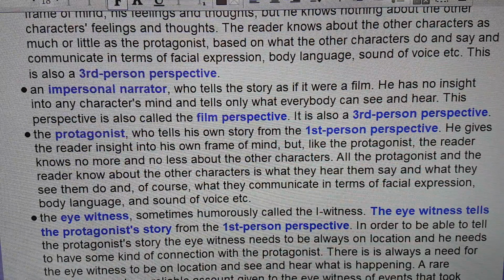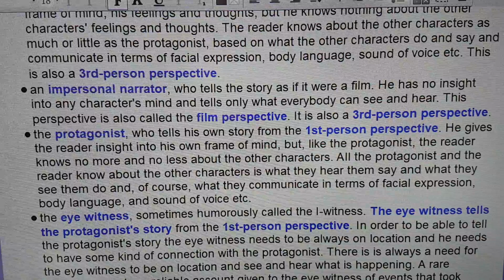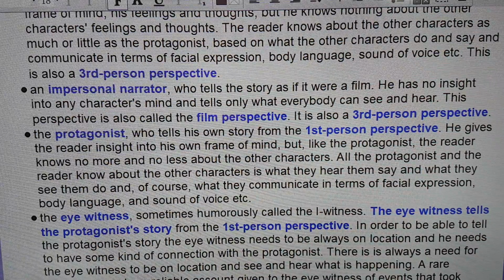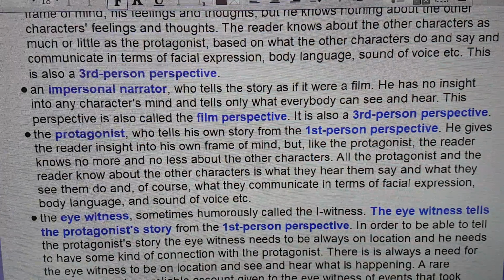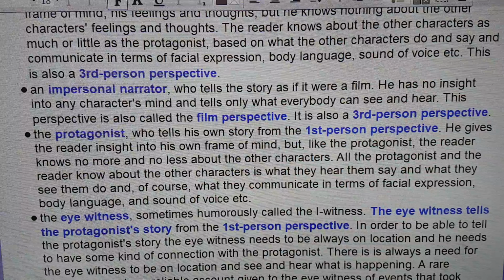An observer is not the central character of the story. He is, as the word says, an observer, an eyewitness, and he tells somebody else's story from his observer perspective. It is an eye perspective, a first person perspective, okay?